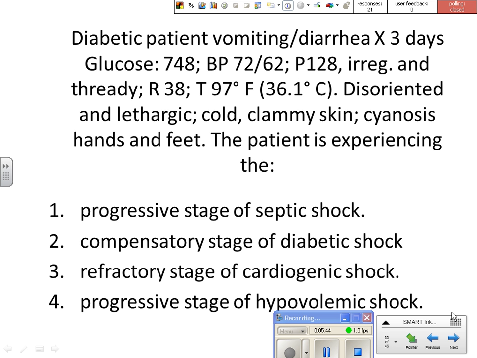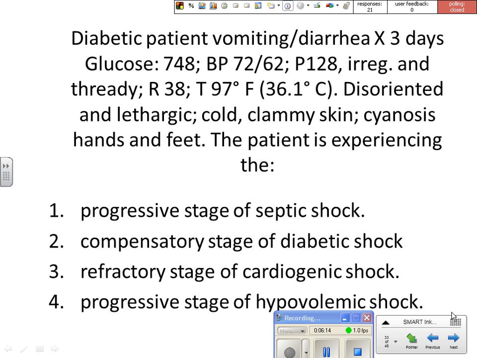They're decompensated. They're in the progressive or decompensated phase of shock, because if they were compensating, their blood pressure would be better, they wouldn't be disoriented and lethargic, they wouldn't have cyanosis of the hands and feet. So you can eliminate anything that talks about compensation, because that is one sick puppy on their way down to the final stage of shock with vital signs like that.